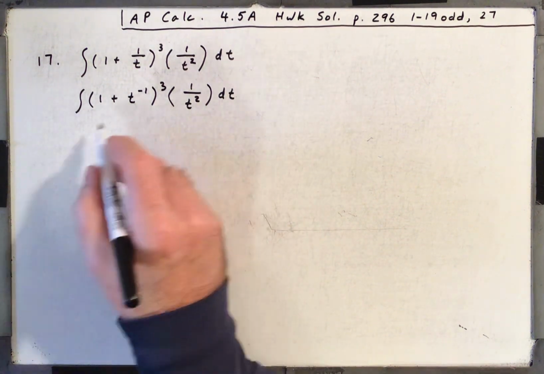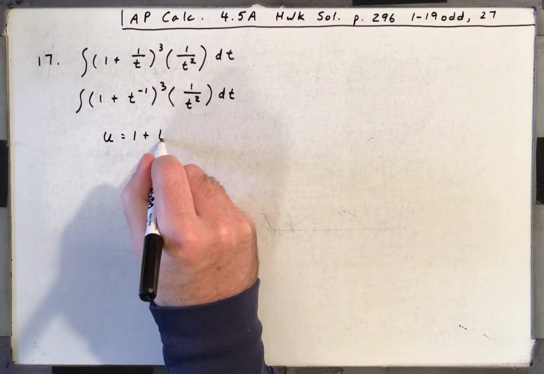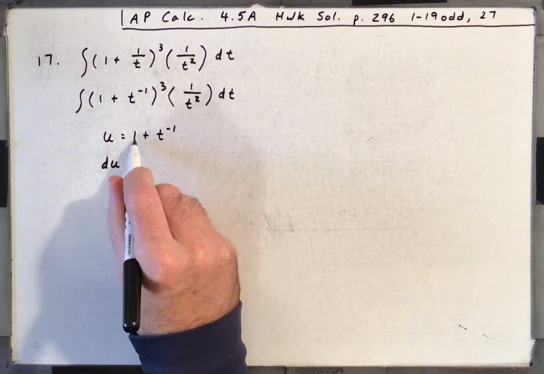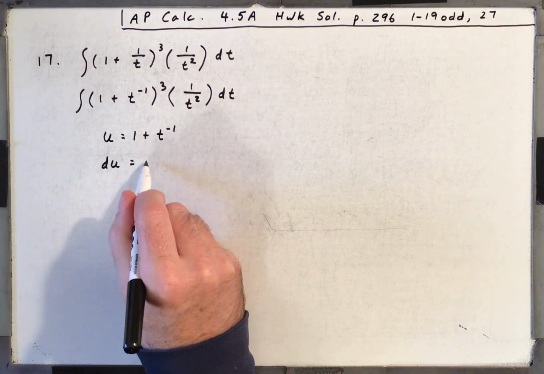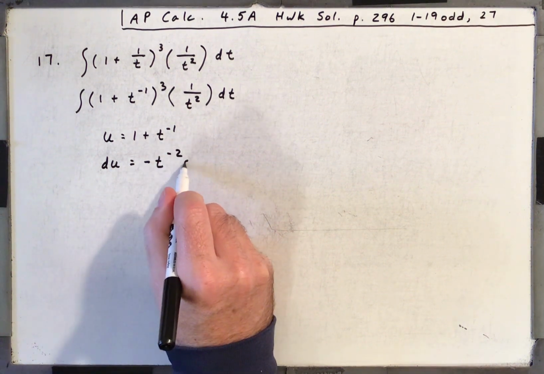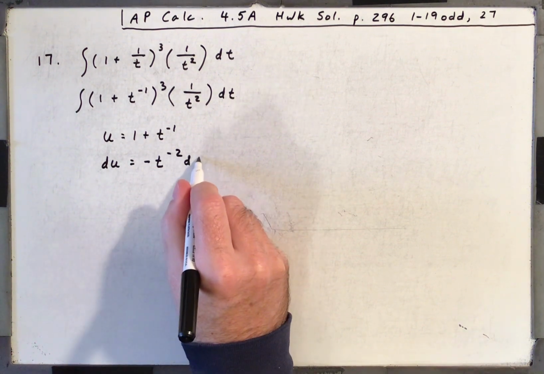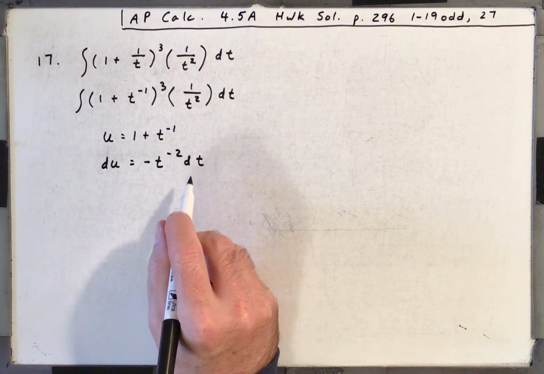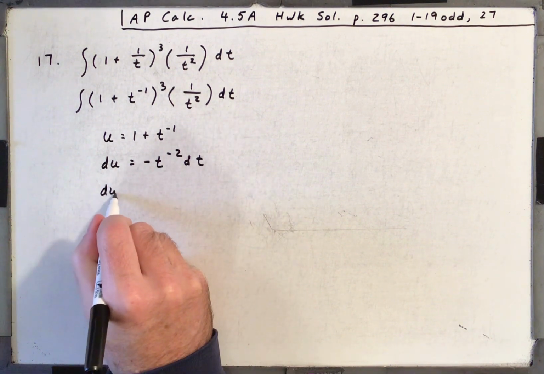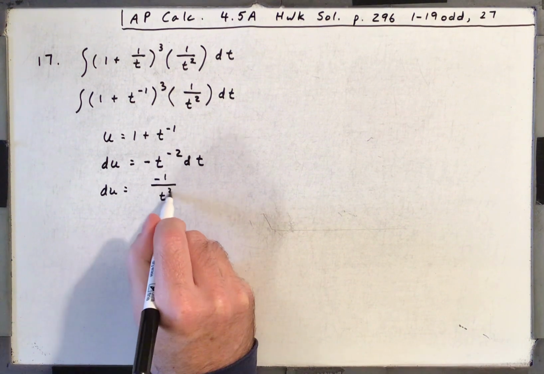All right, let's think about this. If we let u be 1 plus t to the minus 1, then du, the 1 goes away, right? It's minus t to the minus 2 dt. All right, that's the same as minus 1 over t squared dt.